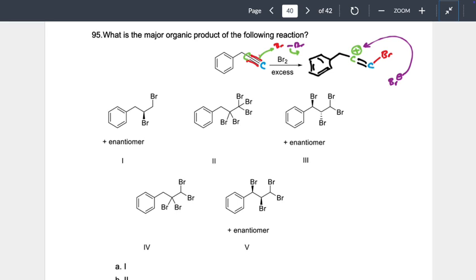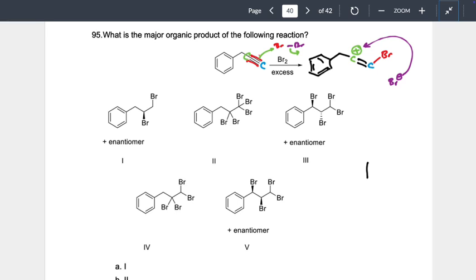So if we look at our prospects, we're looking at the bromines going one to each carbon. We only predicted reacting one pi bond, except do we have another pi bond? Yeah, which means I should add 2 more bromines.